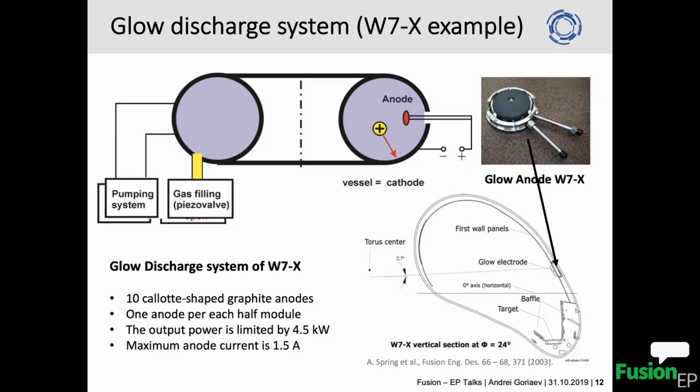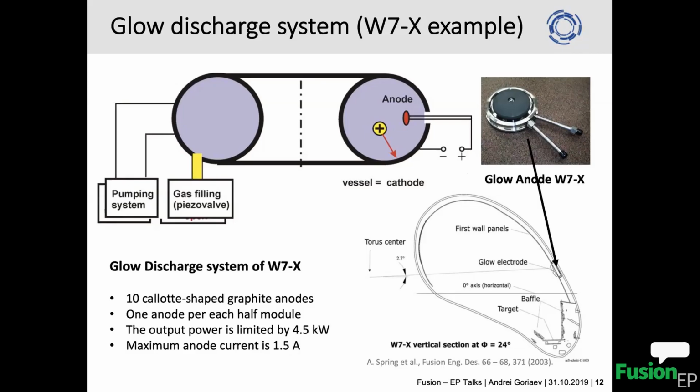Again, it depends on the type of the device. So glow discharge is not homogeneous, as you can see, because the anode is small in comparison to the surface of the vacuum vessel wall. And for big fusion devices like ITER, JET, ASDEX, W7X, you have a few glow discharge anodes.